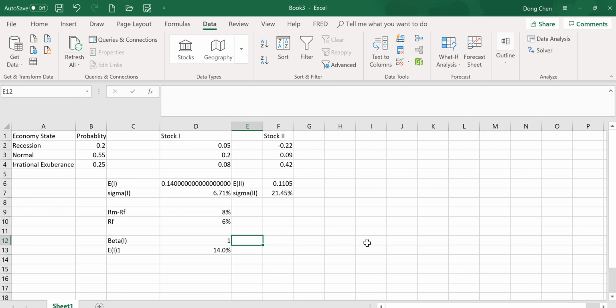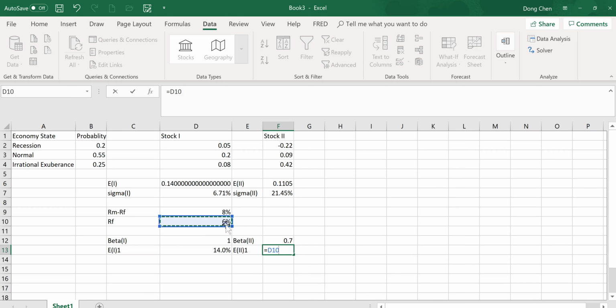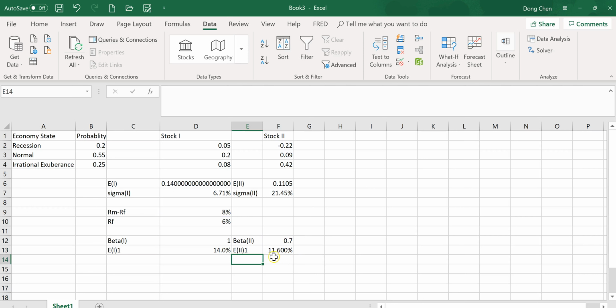And we can do similar things for stock 2, the beta for stock 2. So I assume another number, whatever, 0.7. Okay, obviously this may not be the precise value that I need, but we can use it to calculate the expected return if beta turns out to be this, to be 11.6%, and this is not equal to the actual value of expected return for stock 2, and that's expected.